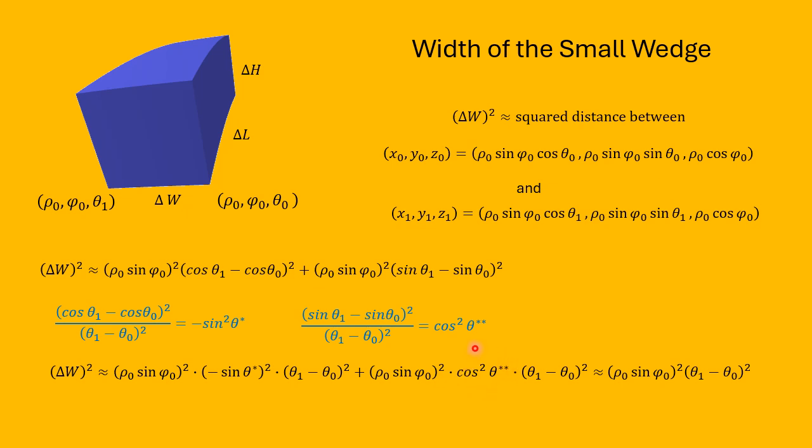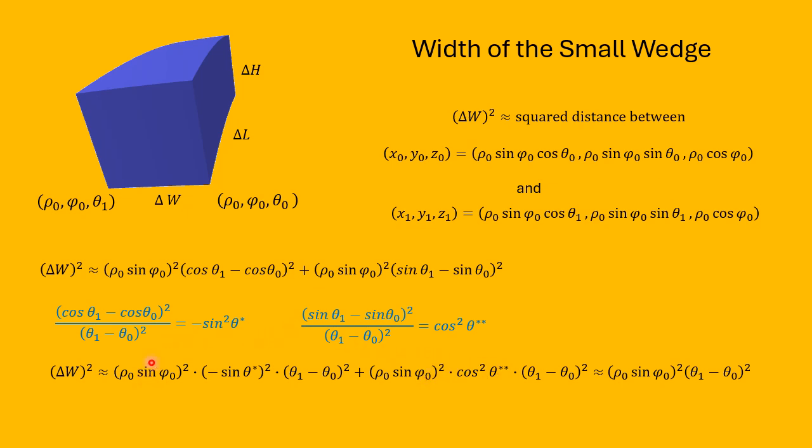Well, if theta naught and theta 1 are very, very close to each other, this is an itsy bitsy kind of semi-rectangular wedge here, then theta star and theta double star are just about equal. So sine squared of theta star plus cosine squared of theta double star is 1. And so what you then get after that simplification is this factor times, well, you have to look at both of these at the same time, I guess.